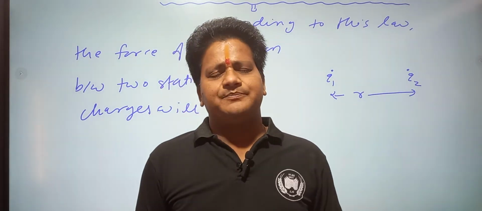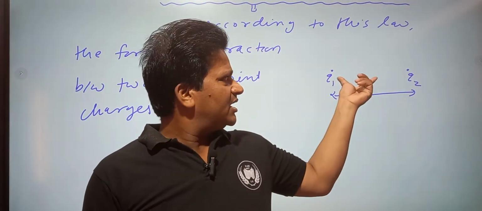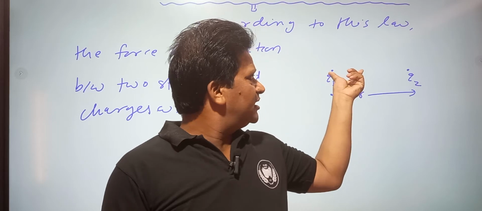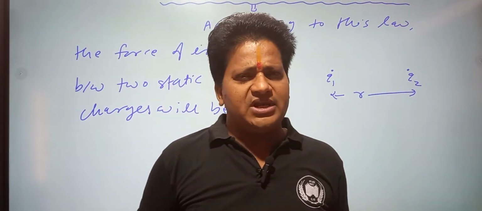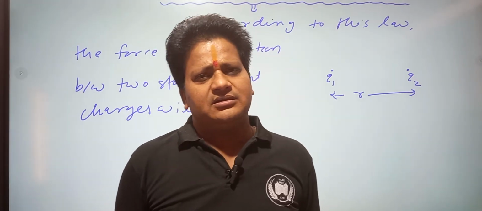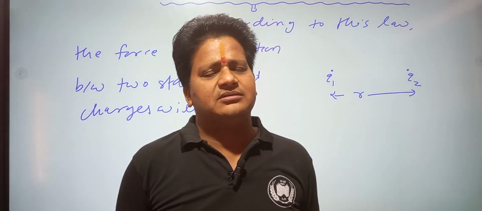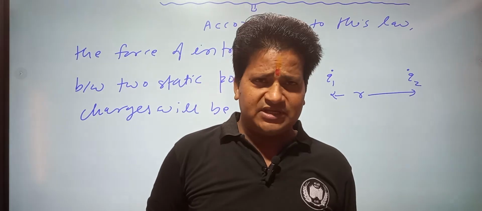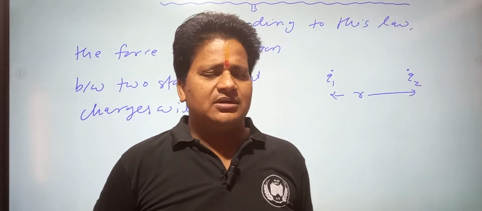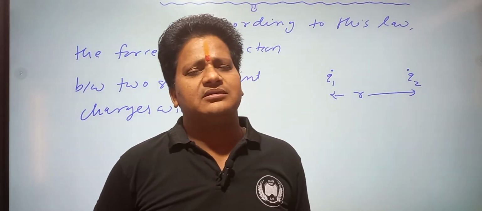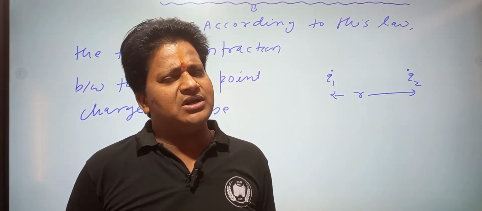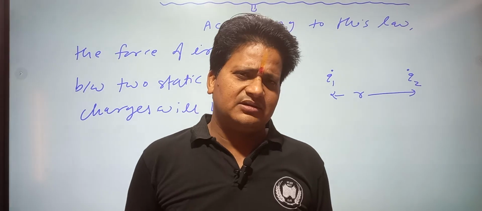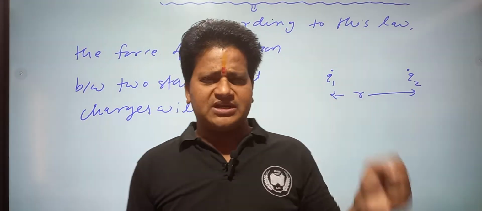When the magnitude of charges increases, the force of interaction also increases in the same ratio. This means that the force of interaction is directly proportional to the product of the magnitudes of charges.